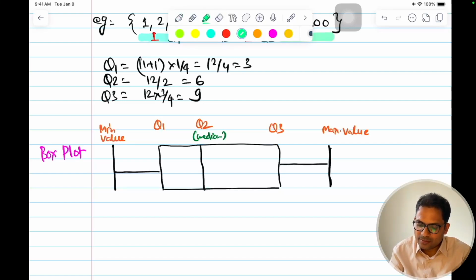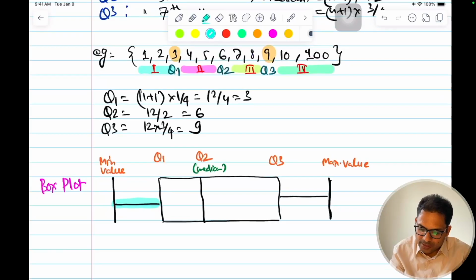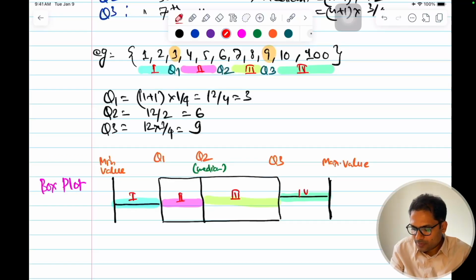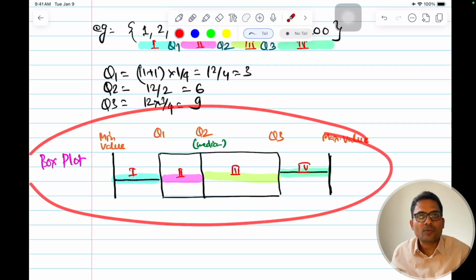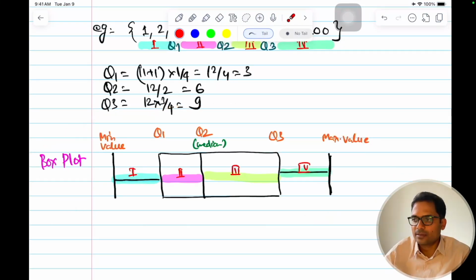Again, it is dividing the complete data into 4 parts: the first part, the second part, the third part, and the fourth part. That's what your box plot gives me. I hope quartiles are clear now.